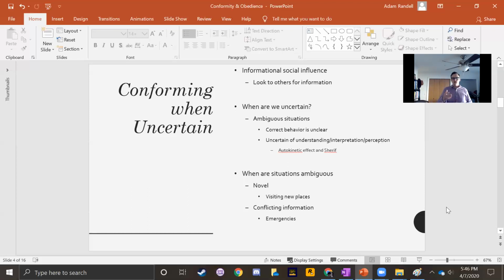right? So situations are ambiguous when they're new, right? They're novel. That's what novel means, new. So think about when you're visiting a new place, visiting another country. Pretty much anywhere in America, obviously there are differences as you go around the country, but for the most part, most of the major cultural things are the same.